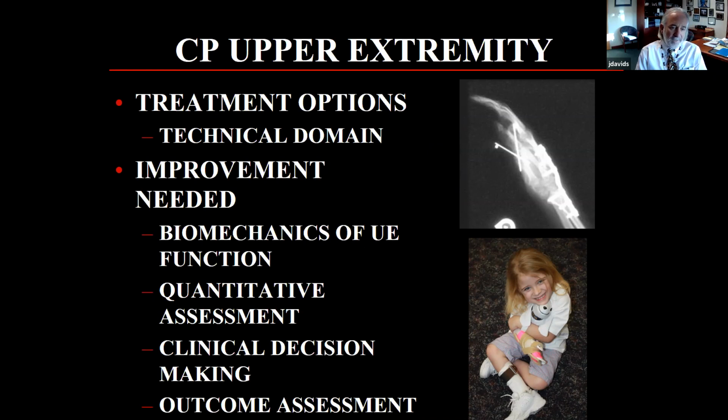We can do some technically very cool surgeries. But to improve what we do, we need to have better understanding of the biomechanics of upper extremity function, improved ability for quantitative assessment, a commitment to consistent data-driven clinical decision-making, and a commitment to objective outcome assessment in multiple domains.